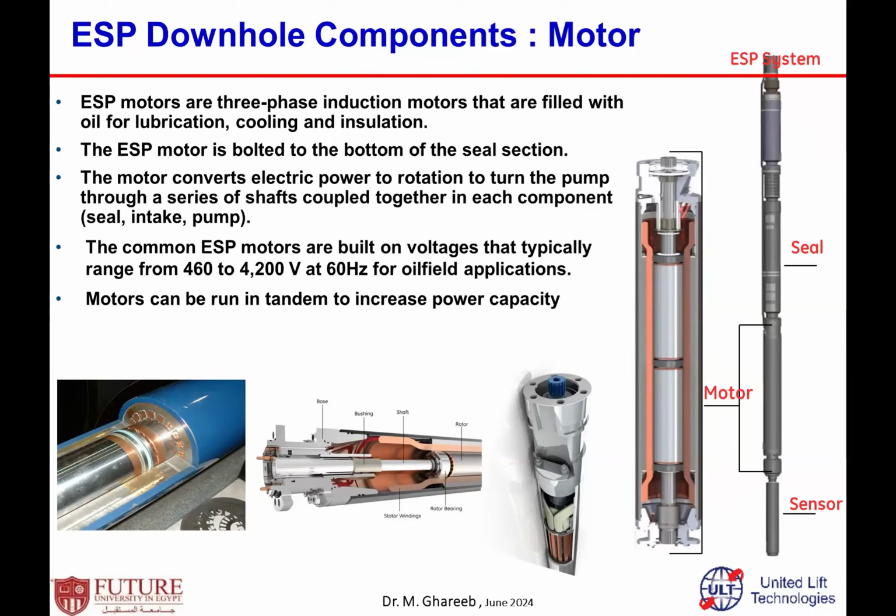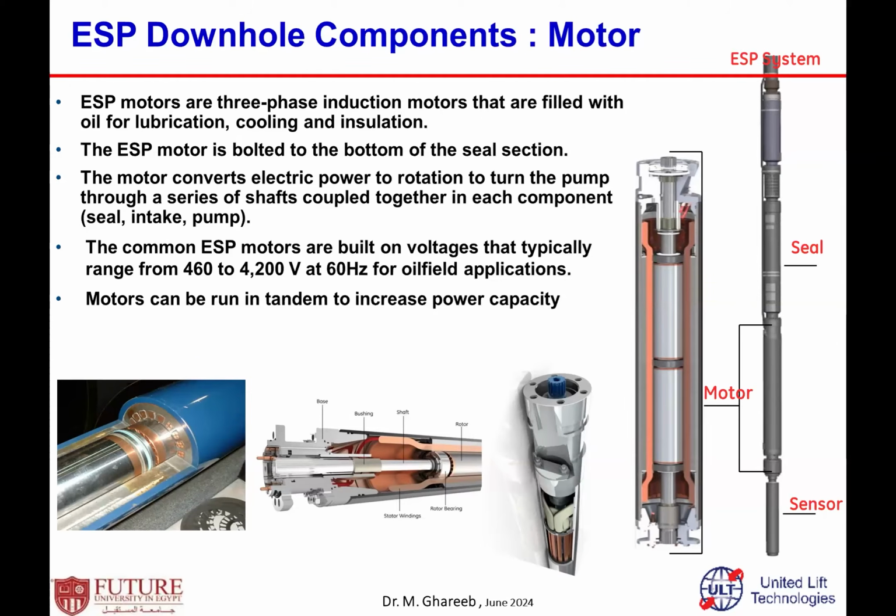The common ESP motors are built for different voltages. In the market, you can find motors running at 460 volts, very low voltage, and motors that run up to 5,000 volts, at different hertz: 50 hertz, 60 hertz, or if you use a variable speed drive, you can control the hertz going to the motor.